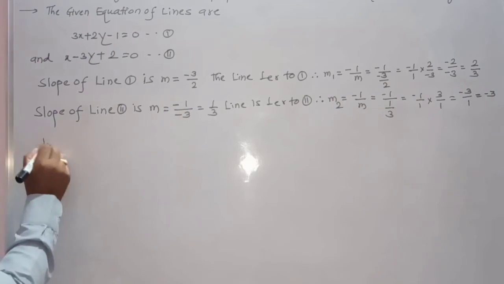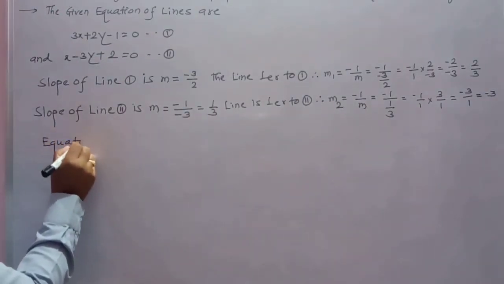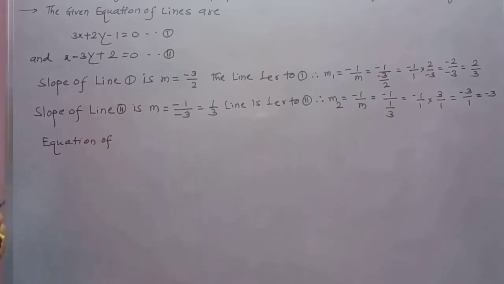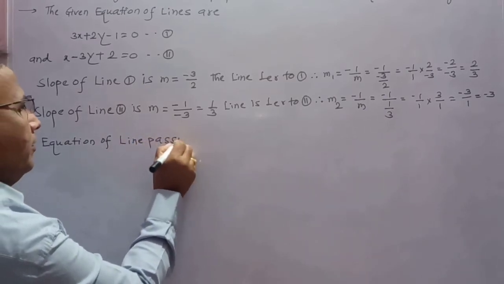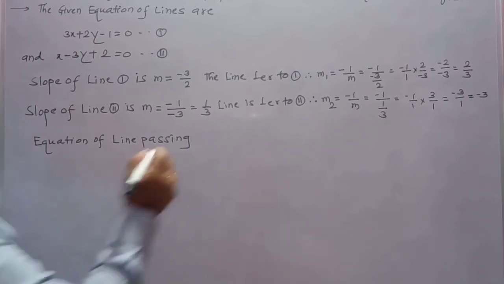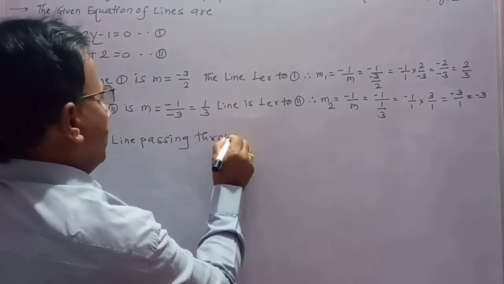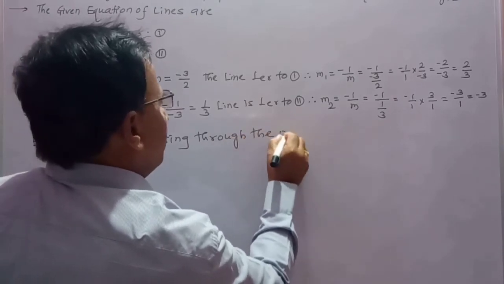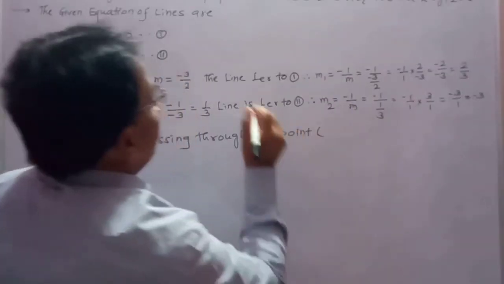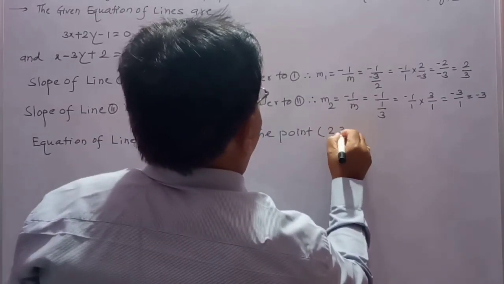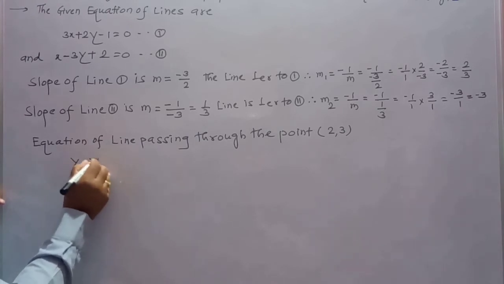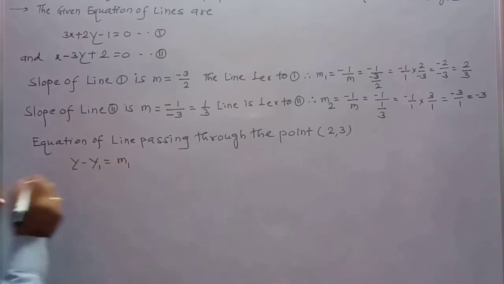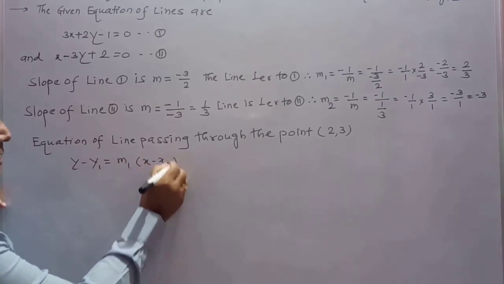Therefore, the equation of the line passing through the given point (2, 3): y minus y1 equal to the first slope m1 into x minus x1.